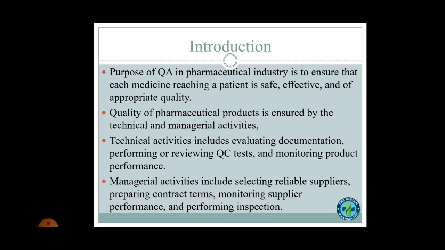Technical activities include evaluating documentation, performing or reviewing QC tests, and monitoring product performance, while managerial activities include selecting reliable suppliers, preparing contract terms, monitoring supplier performance, and performing inspection procedures throughout the distribution network.